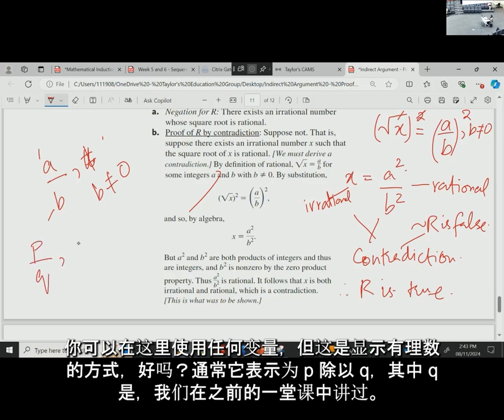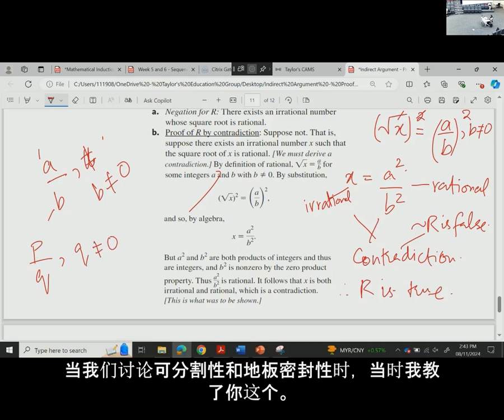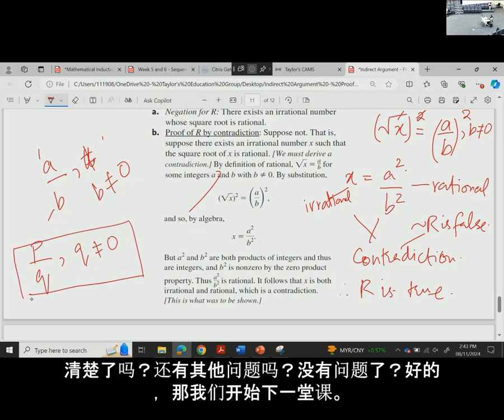This we covered in one of your previous lectures, when we were covering divisibility and floor and ceiling. At that time, I taught you this one. Clear? Okay. Any other questions?